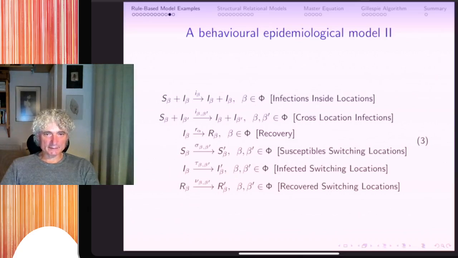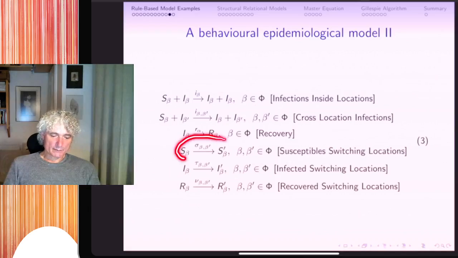So, for example, somebody who was in a pub all the time now sees the pandemic is getting worse. So there are more infectants around him. And then, for example, he never goes to the pub again as long as the numbers are high. And that would be a typical thing we can describe by such behavioral switches, which means you are switching locations.